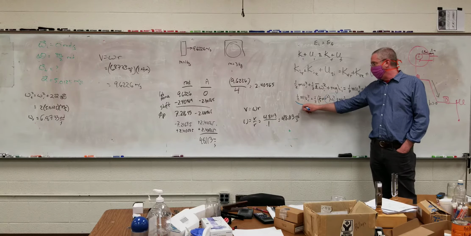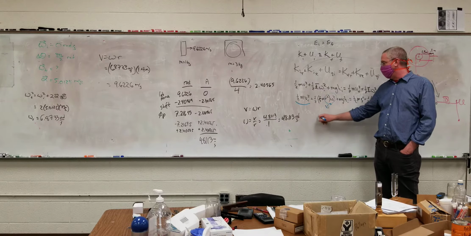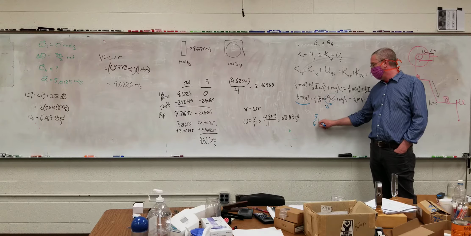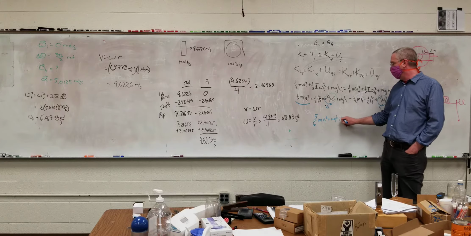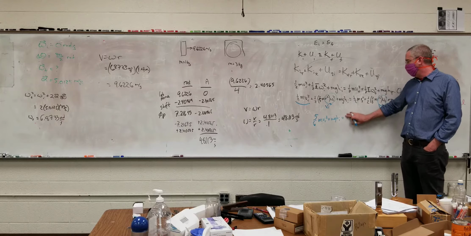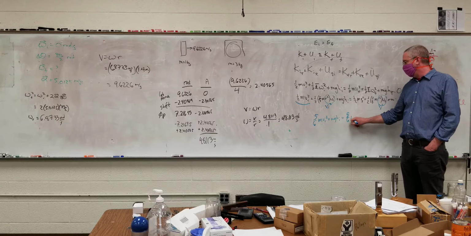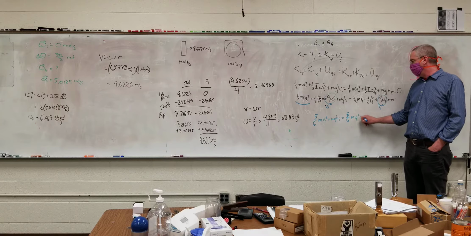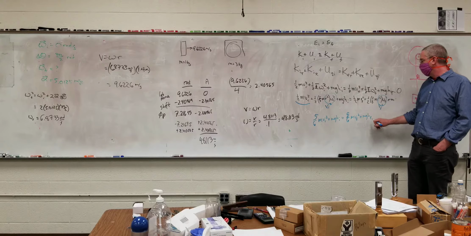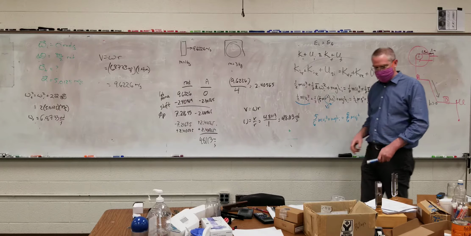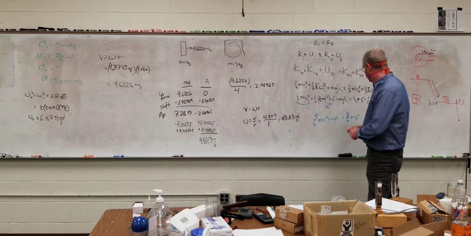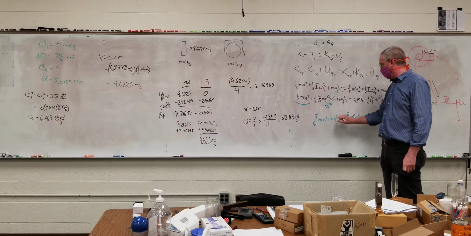So I have 1/2 m v squared and then 1/3 m v squared, so I get 5/6 m v initial squared plus m g h initial is equal to 5/6 m v final squared plus m g h final. I got rid of m g h final. I now have mass in every term, so I can get rid of it. But if you plug in numbers, you would not be doing this step.